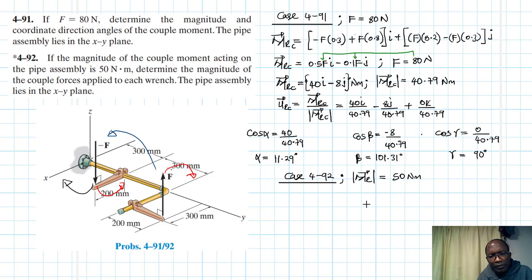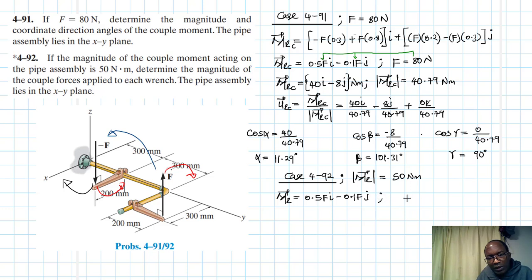Okay, so we are now being asked to find the couple force. So we use this equation there. We already found this equation. It's the same equation that we're going to use: 0.5 F i minus 0.1 F j.